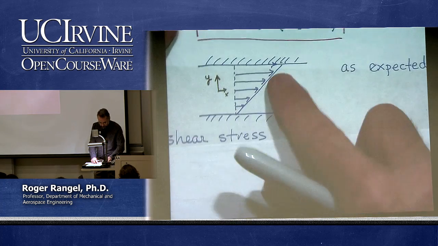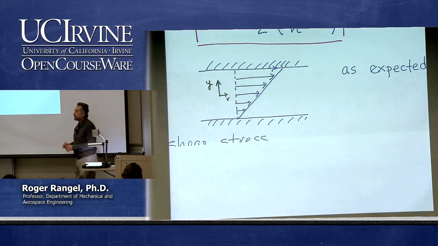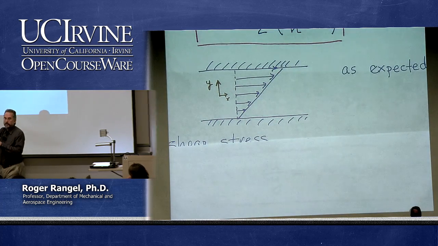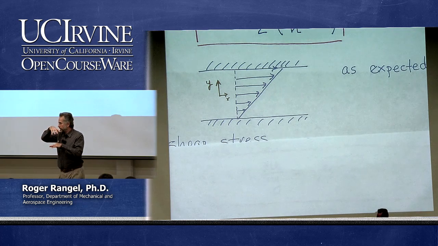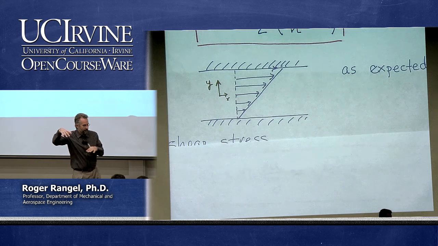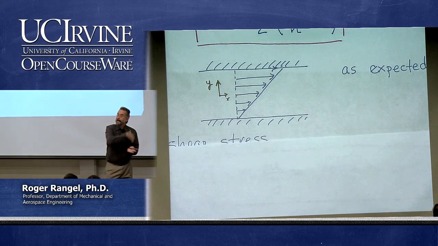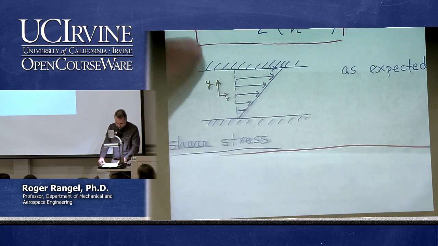I might be interested in the shear stress because this could be a way in which I could measure the viscosity of a fluid by putting it in a gap like that. If I measure the force at which I have to pull the plate, I can back out the viscosity of the fluid. So what is the shear stress?